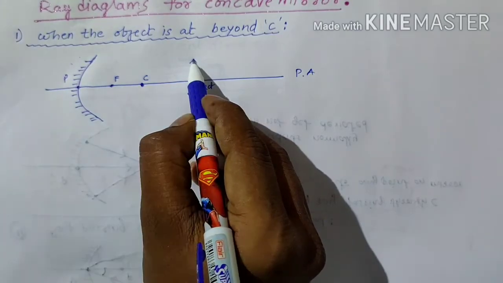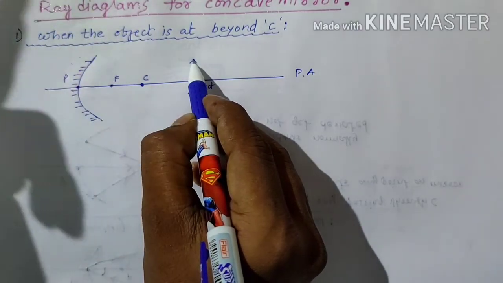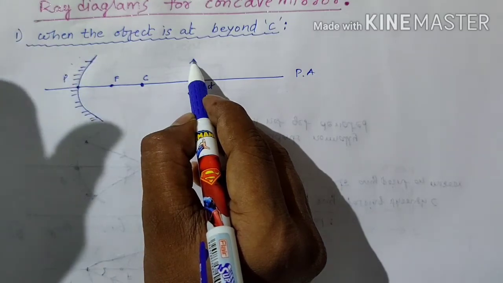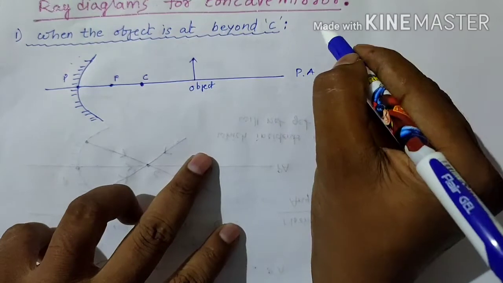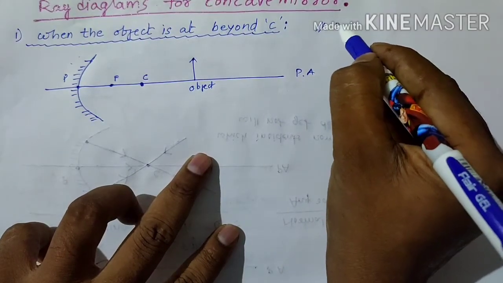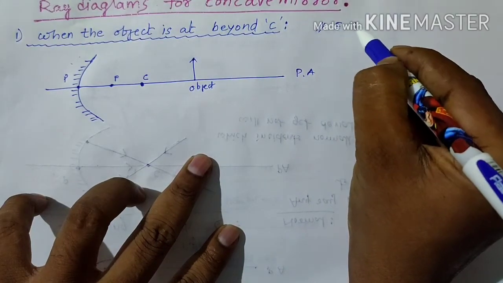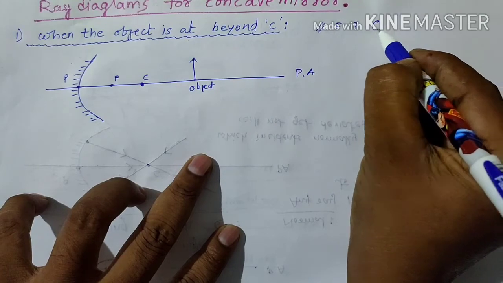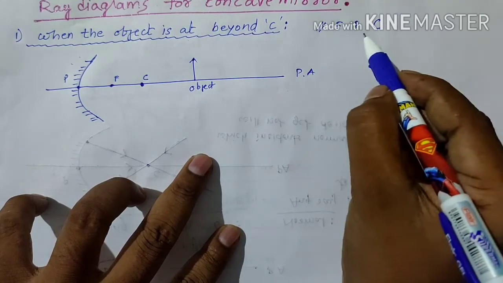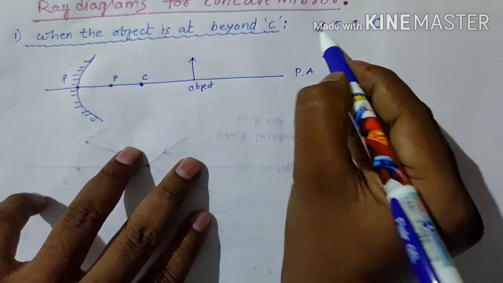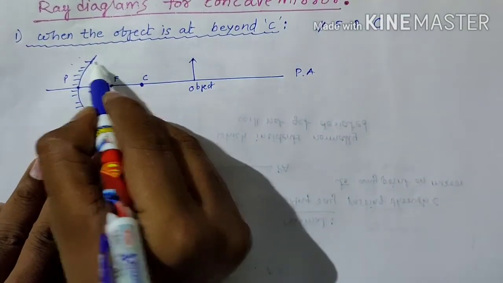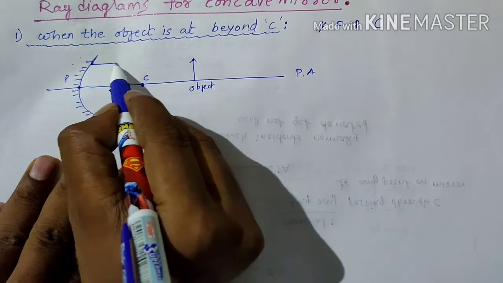Those two rays should be taken from the suitable rays which I told just now: the parallel ray, the ray passing through focus, the ray passing through pole, and the ray passing through center of curvature. You have to take any two rays from these. Every time, the first one should be the parallel ray.